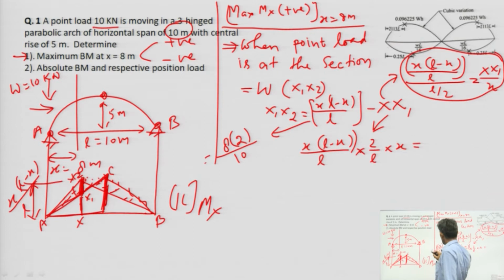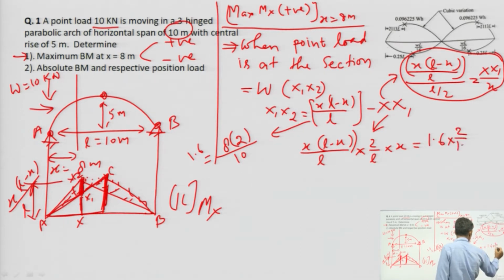So, it is 1.6 into 2 by 10 into 8. What is the value of this one? 1.6 into 2 into 8 divided by 10, it is 2.56.